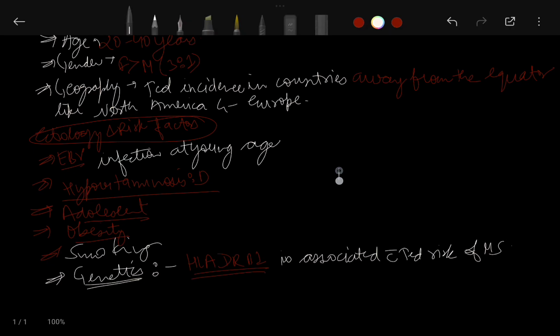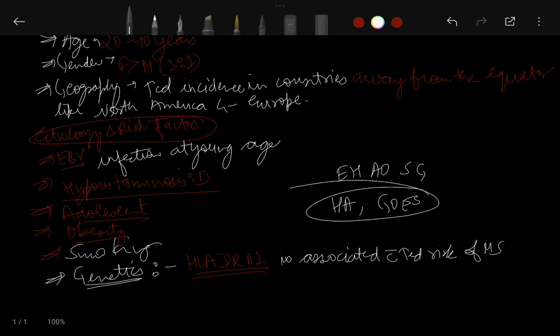We can just remember this not so important topic for the etiology and risk factors with a mnemonic: H for hypovitaminosis D, A for adolescence, T for genetics such as HLA-DRB1, obesity, EBV, and smoking.